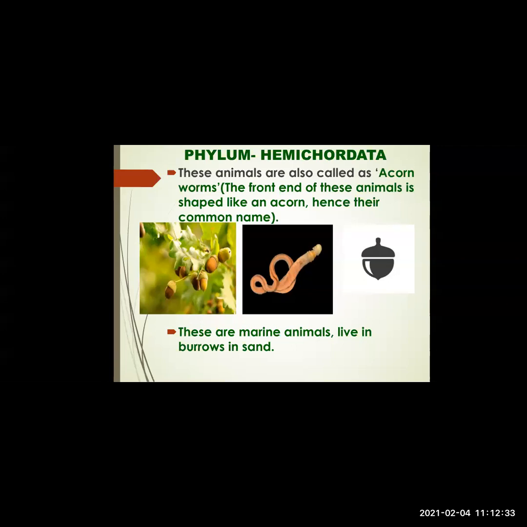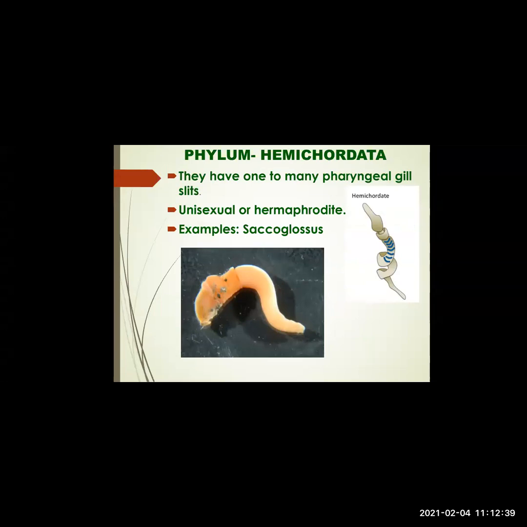So these are burrowing worms found in shallow waters. Then another characteristic, they have one to many pharyngeal gill slits. From the picture you can see pharyngeal gill slits are present. Now, what are pharyngeal gill slits used for? For respiration.